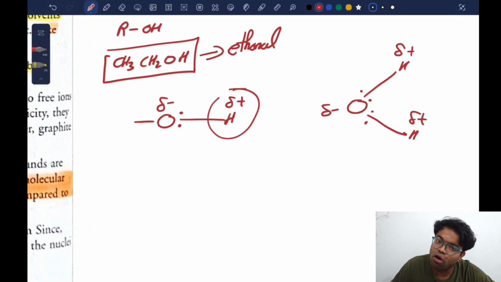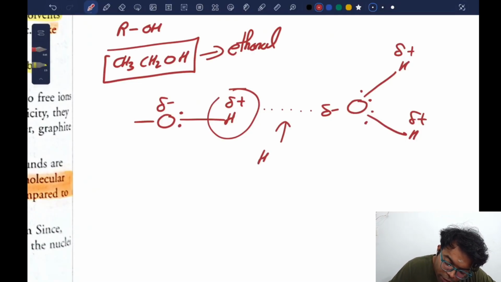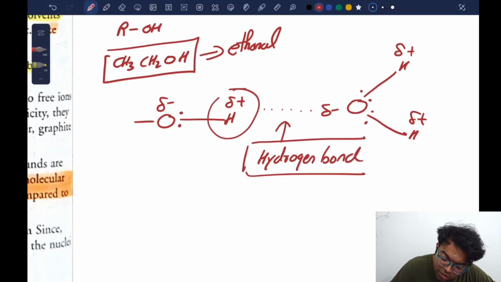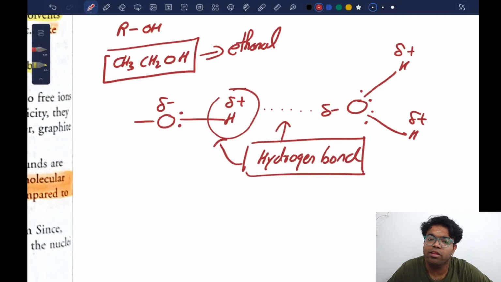So, the positive of one hydrogen atom in a molecule is attracting the oxygen of another water molecule. This is what we call a hydrogen bond, because this bond involves the hydrogen atom.